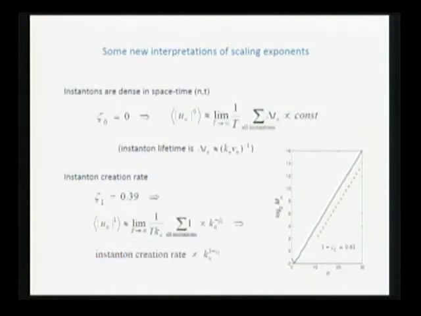So for the first two exponents, first of all, the exponent psi 0 is 0. This is an absolutely trivial effect because the zero moment is 1. But for instantons, it's not trivial at all.